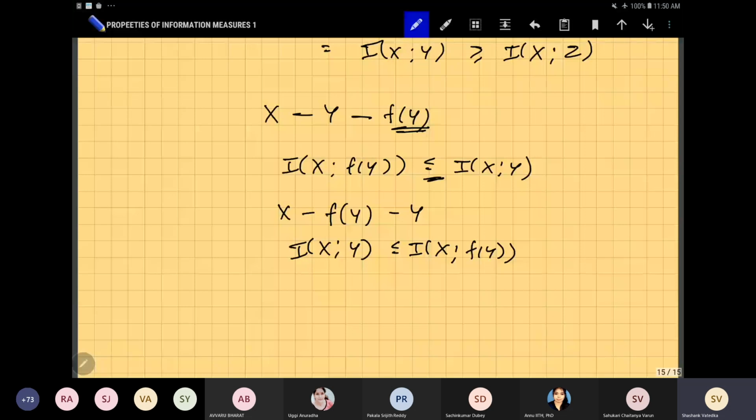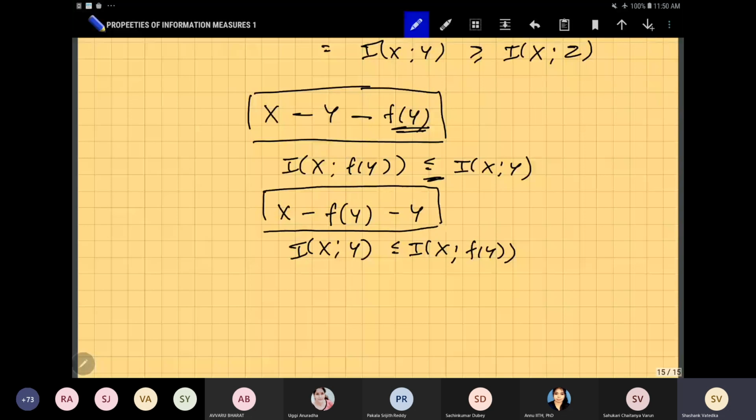So basically there is no loss of information in going from y to f of y if you want to estimate x. So such an f satisfies the property that, of course, x, y, f of y forms a Markov chain, and x, f of y, y forms a Markov chain.